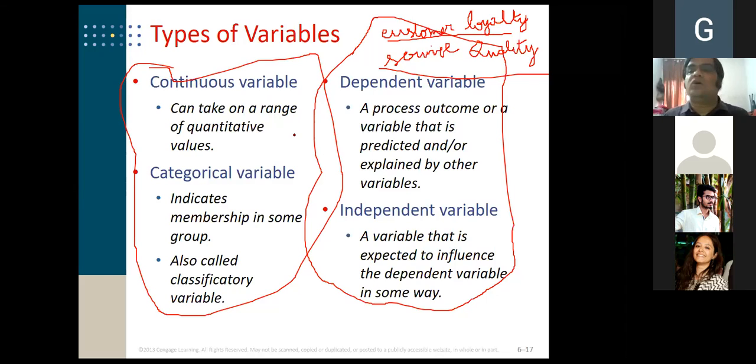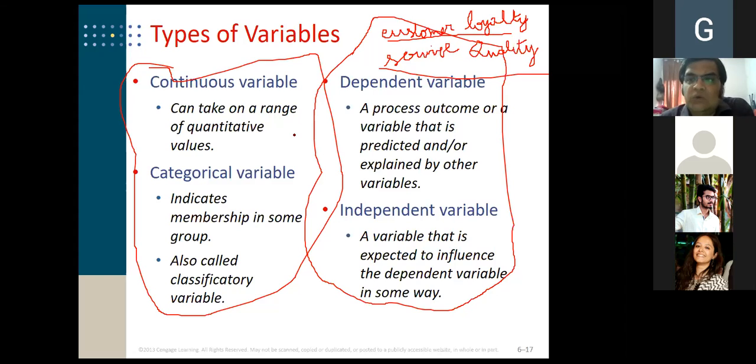Now, suppose I talk about profit. Is profit a continuous variable or a categorical variable? Profit is a continuous variable. What is the definition? It can take a range of quantitative values. Suppose I take the attendance of students in the class.